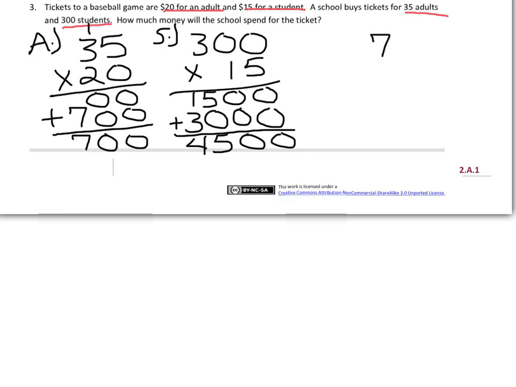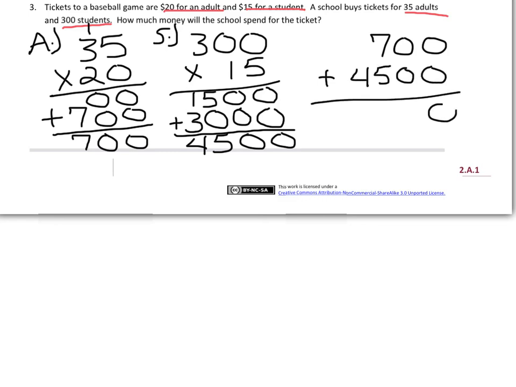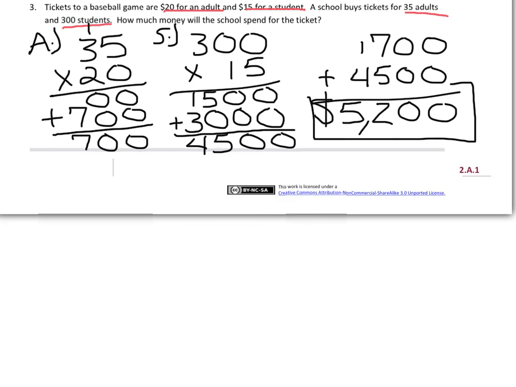So we have 700 plus 4,500. 0 plus 0 is 0. 0 plus 0 is 0. 7 plus 5 is 12. Carry the 1. 1 plus 4 is 5. The school is going to pay $5,200 for the tickets. This concludes our lesson on multiplying multi-digit whole numbers and multiples of 10.